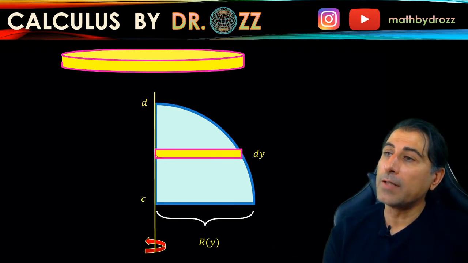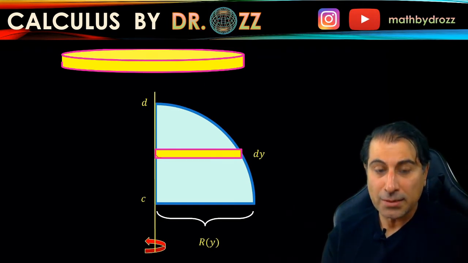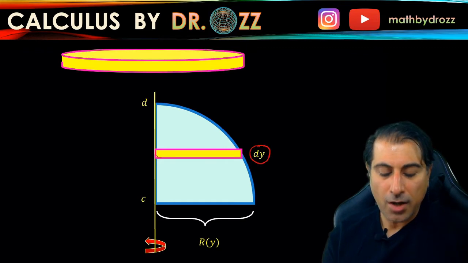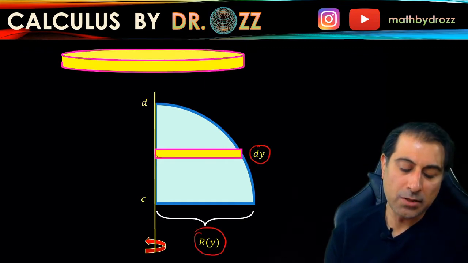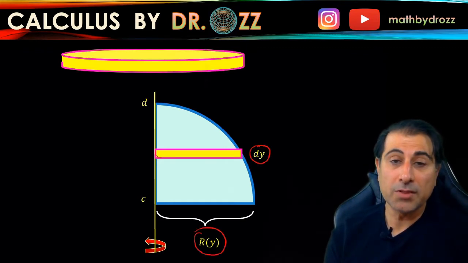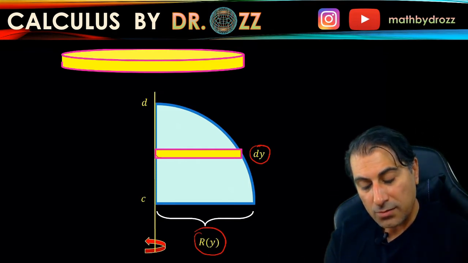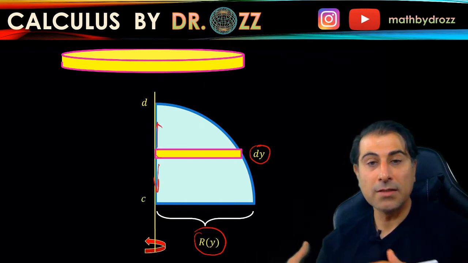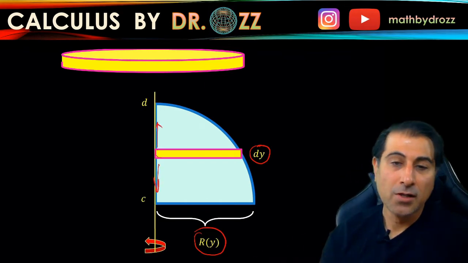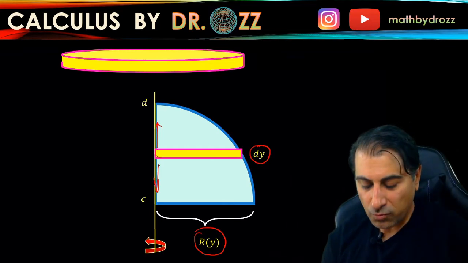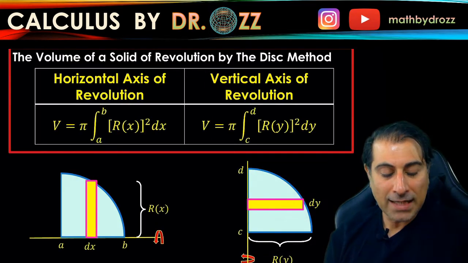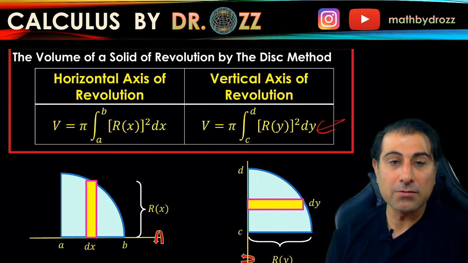But now the thickness is not dx anymore, but dy, and r, the radius of the representative disk, is a function of y, because this rectangle is moving up and down instead of right and left. So then you're going to represent this volume by a y-dependent integral, as you see here.